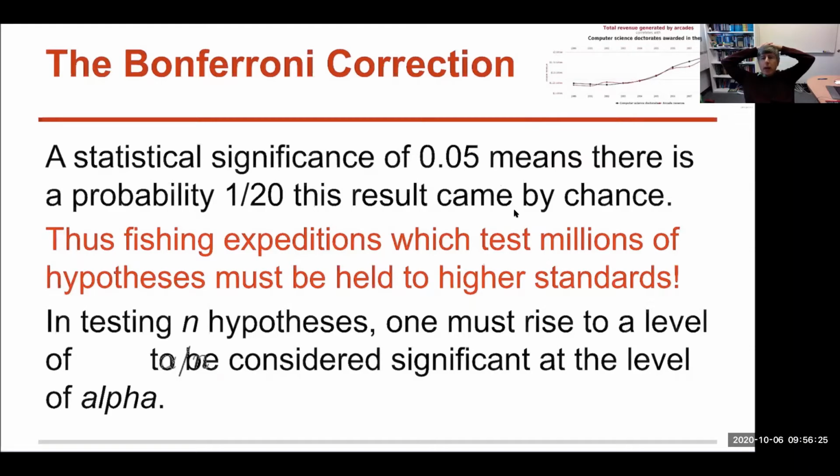And so we need some kind of a correction that will find a way to punish people if they discover their observation in the course of a search through millions of observations. For something to be really impressive, it has to rise to a higher level. Okay? Any questions about this?